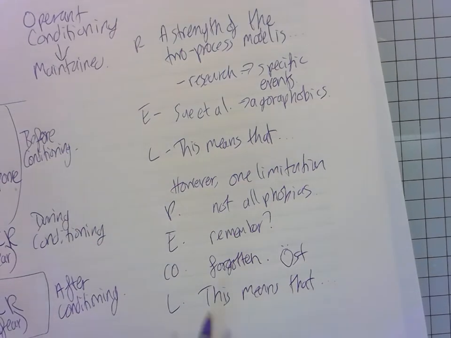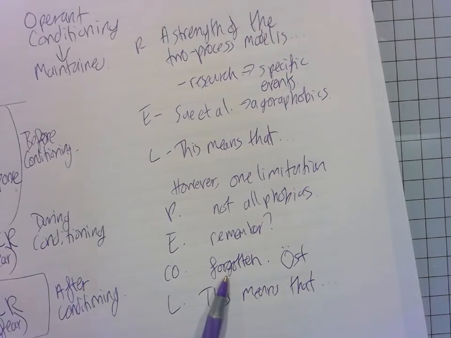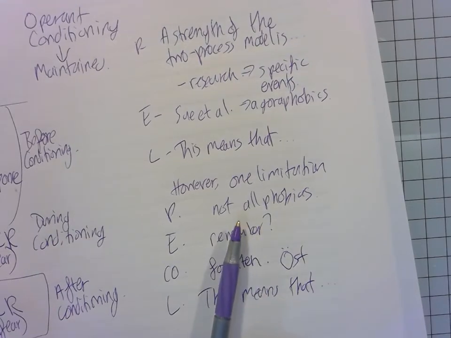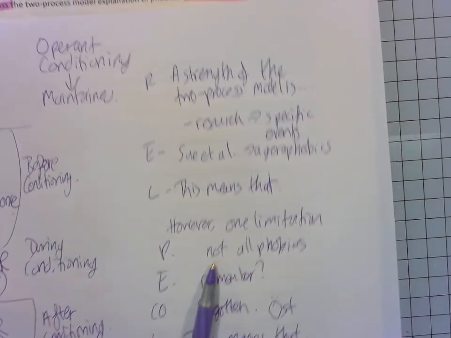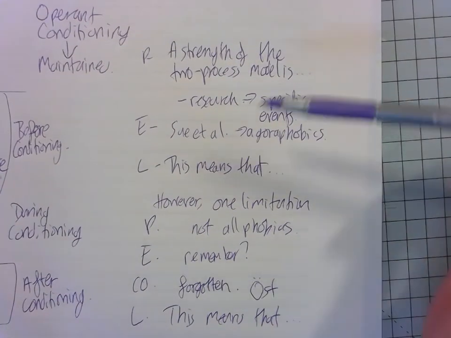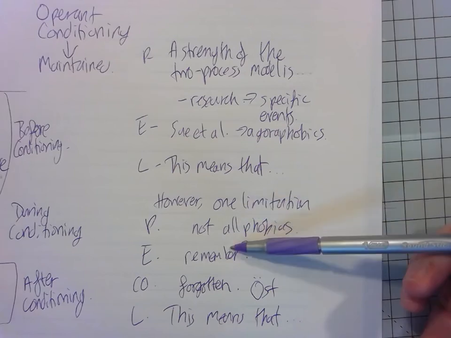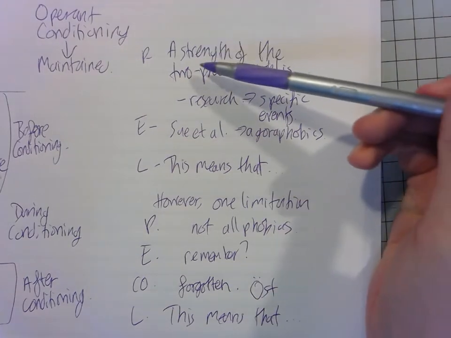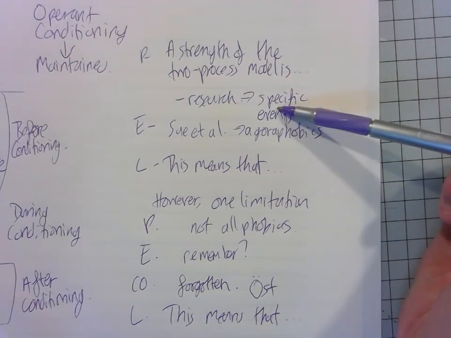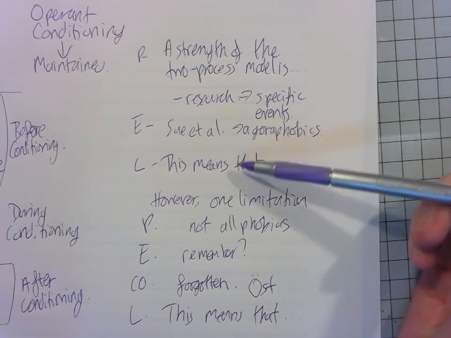And here I can talk about how, although it could potentially explain some phobias, it's not going to be able to explain all phobias. Okay, if I do this, I'm actually talking about the same sort of point, but looking at it from different angles. I've got research into specific events, such as Su et al.